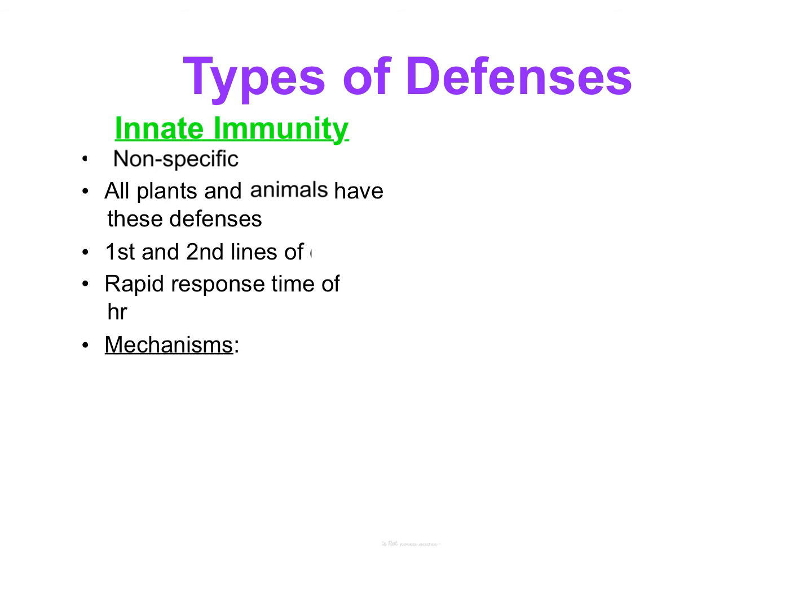They act as a first and a second line of defense, and we'll talk a little bit about what that means. Something that's really good about our innate immunity is that it's non-specific, which means that it can happen really fast. It has a rapid response time between 0 and 96 hours. 96 hours seems like a lot, but from having one cell within a few days, your body will be taking over with those reactions.